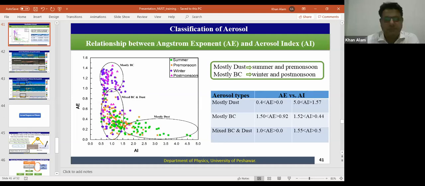That loose material is dust, and due to the heating in spring and summer it is heated up, and by winds it goes up in the atmosphere. That's why in the pre-monsoon and also in the monsoon period, we see some concentration of dust particles as well as some black carbon or industrial emission particles.